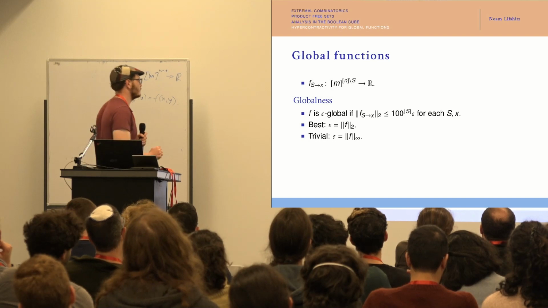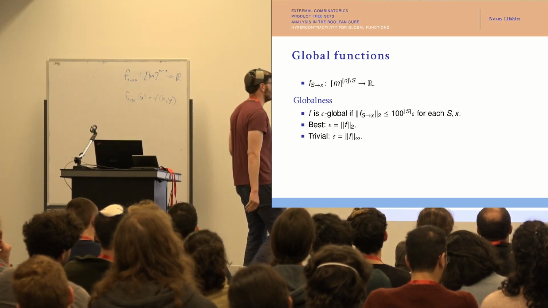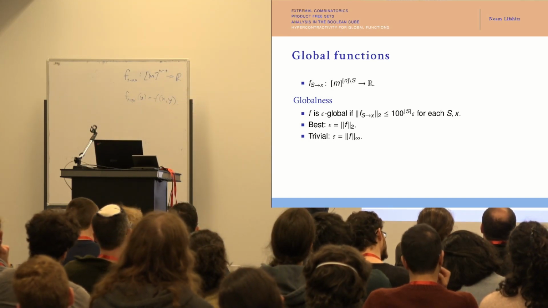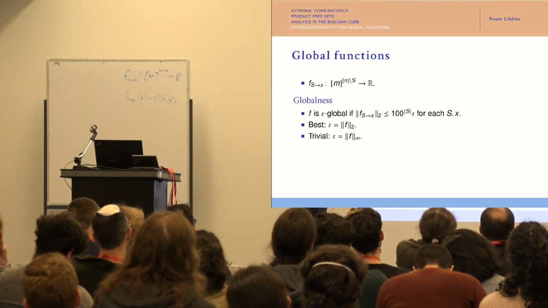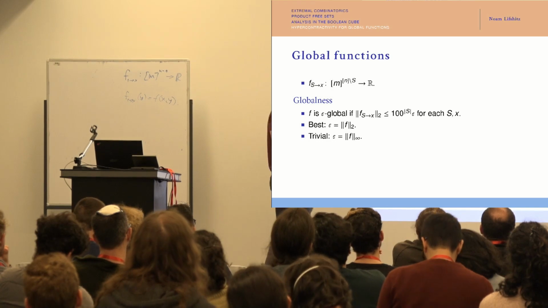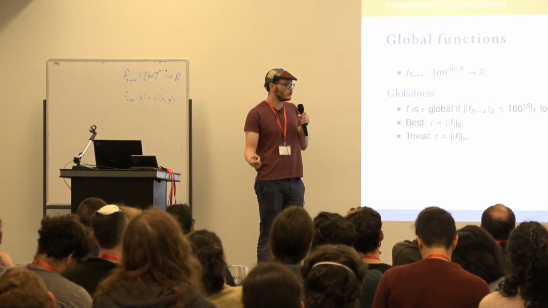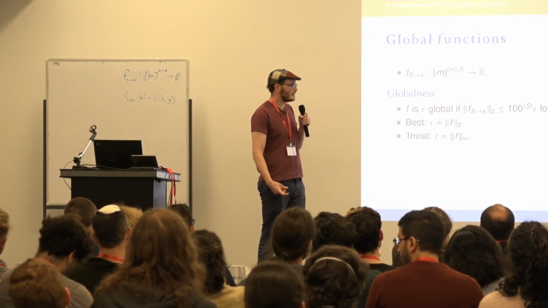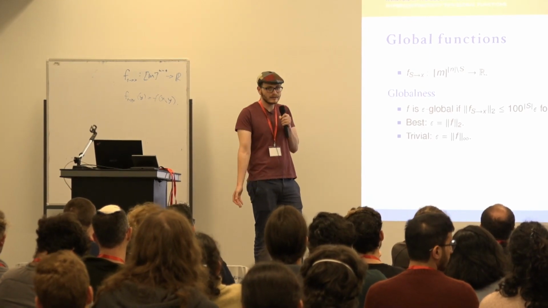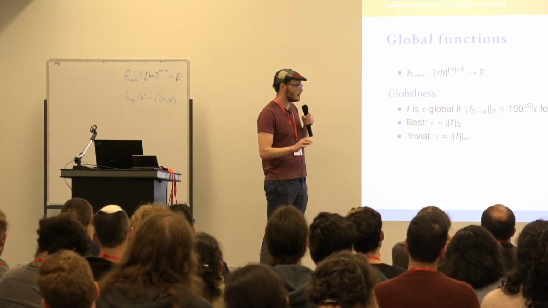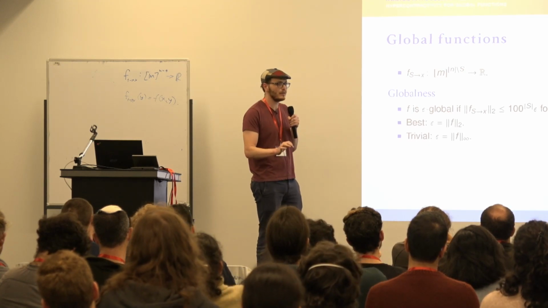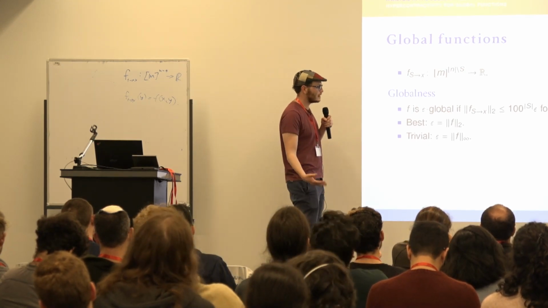Okay, so the notion says that f is epsilon global if the 2 norm of the restrictions is bounded. In particular it says that the 2 norm of f is at most epsilon, because we can take S to be the empty set, but it also means that its 2 norm inside each dictator is at most 100 times epsilon, and if you take the intersection of 2 dictators, the 2 norm inside them should be at most 100 squared times epsilon, and so on.